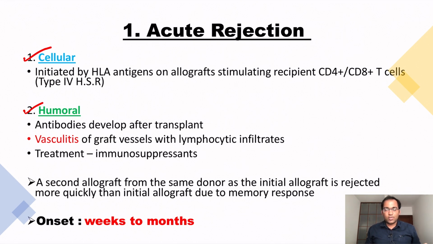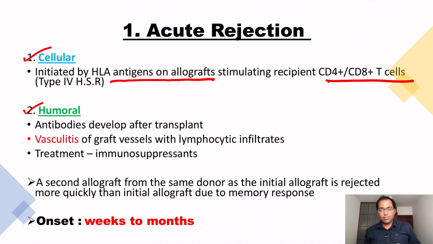Of course, we'll try to fight, recognize the antigen and get rid of it because it is foreign to us. So this process is initiated by HLA antigens on the graft that will stimulate the recipient CD4 and CD8 positive T cells. My CD4 and CD8 positive T cells will react against the donor antigens in the graft. So this is one way the rejection occurs.